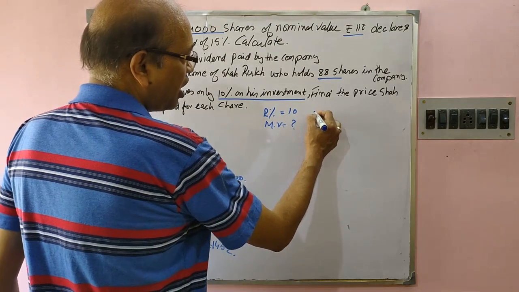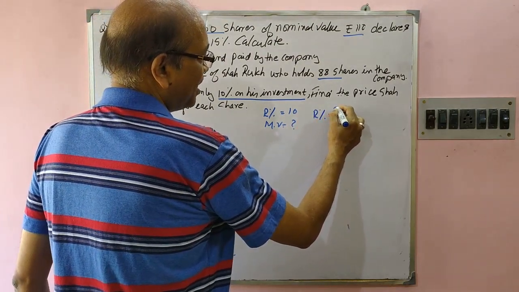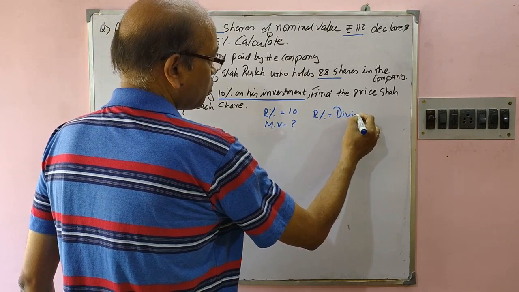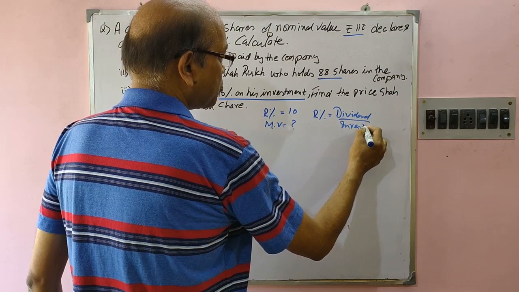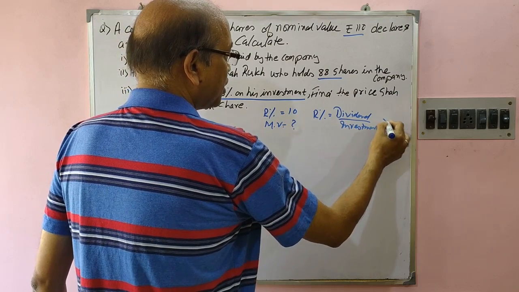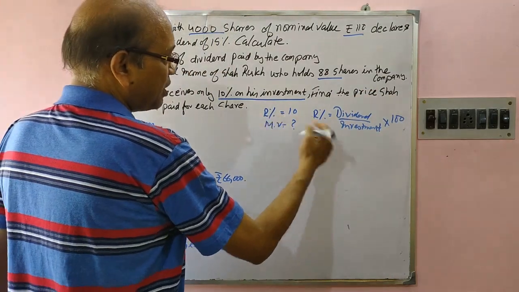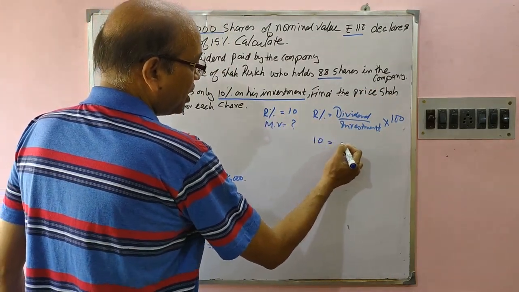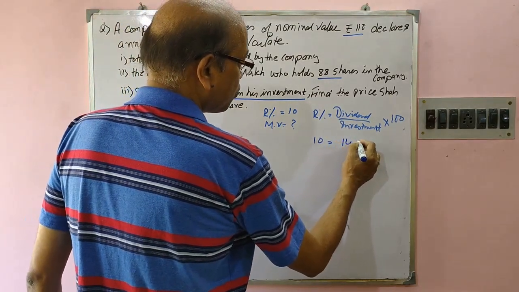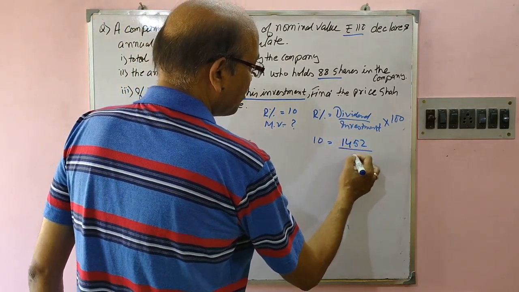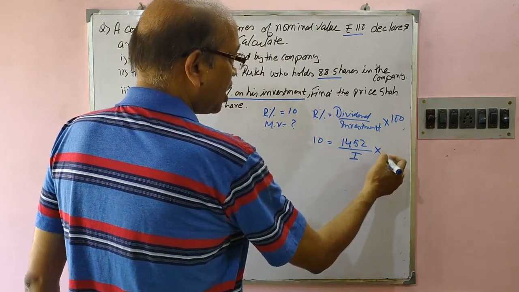We know return percent is dividend by investment into 100. Return percent is 10, dividend is 1452, investment we have to find out, into 100.